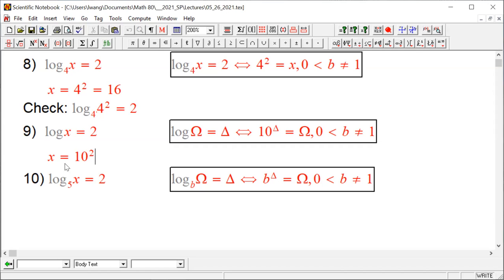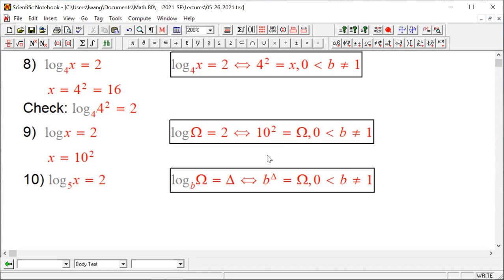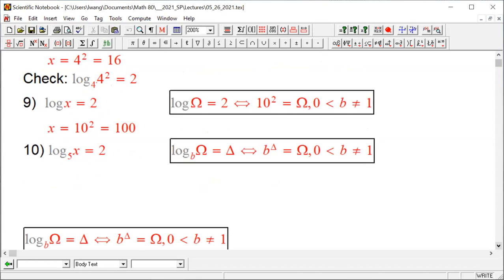See, omega is what we want to know. Omega is the base to the power of triangle. Triangle is in this place, so that's a 2. And so omega equals 10 squared, that's 100.